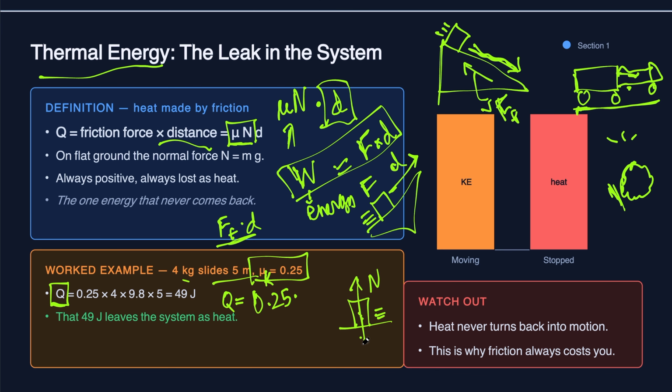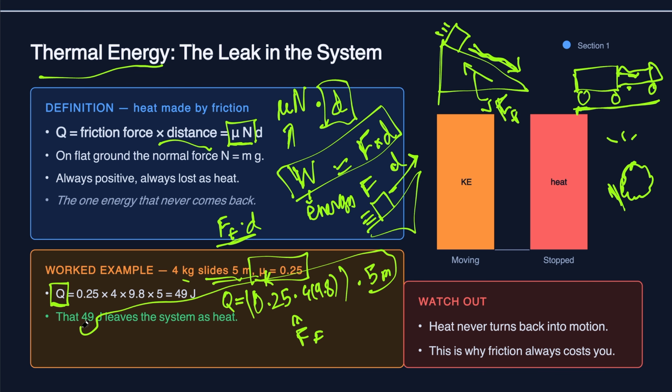Just mg, right? So what is mg here? 4 times 9.8. And then all of that times the distance, because this is force of friction, but we need to multiply that by distance, which is 5 meters. And you get 49 joules.